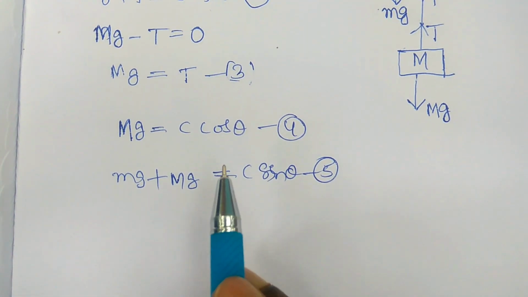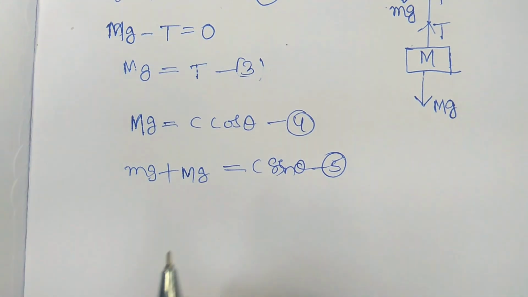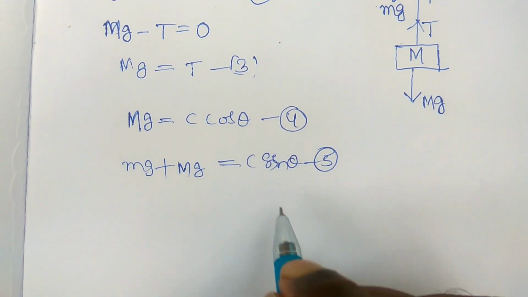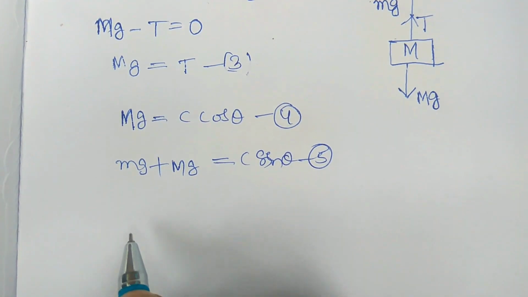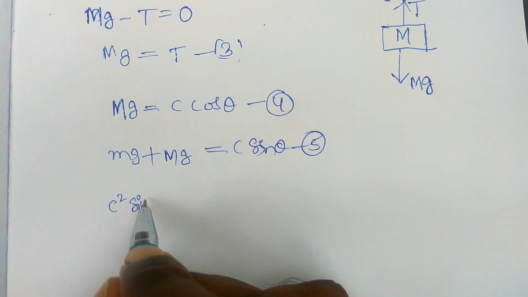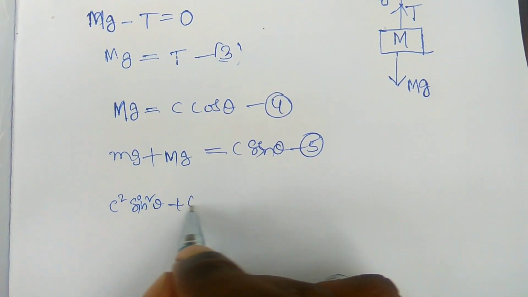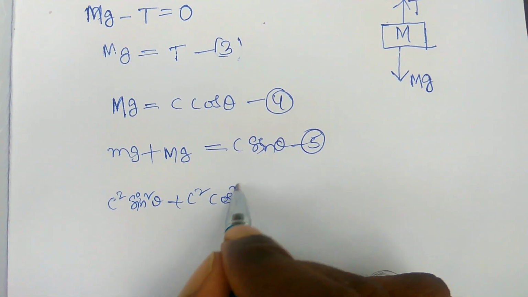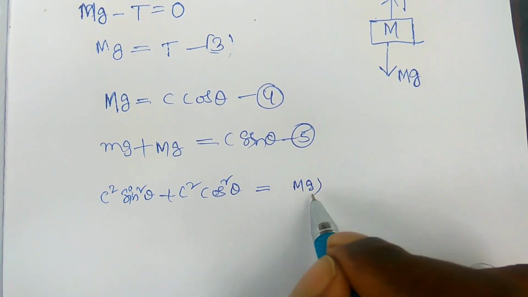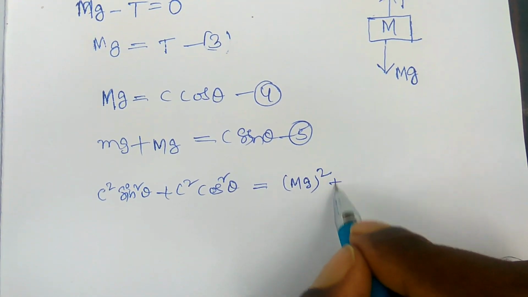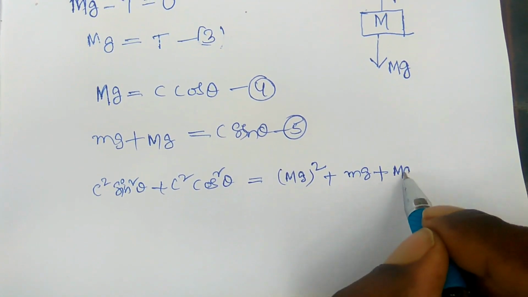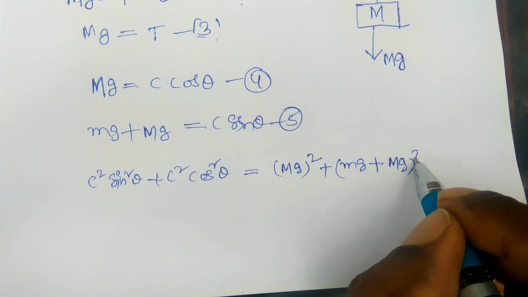Here we can square and add on both sides, then we can get the C square value. From 4 and 5, squaring on both sides and adding, we get C square sin square theta plus C square cos square theta is equal to capital Mg whole square plus small mg plus capital Mg whole square.